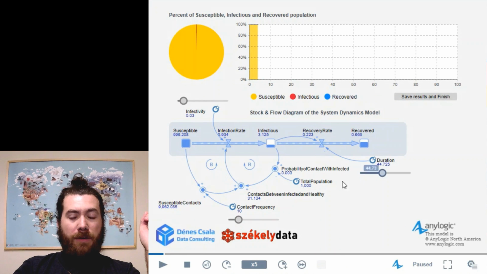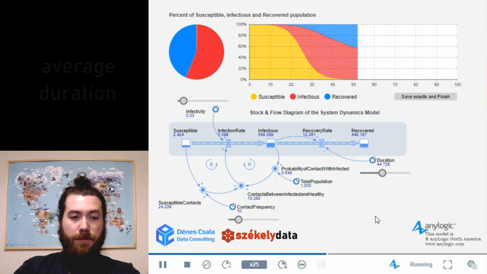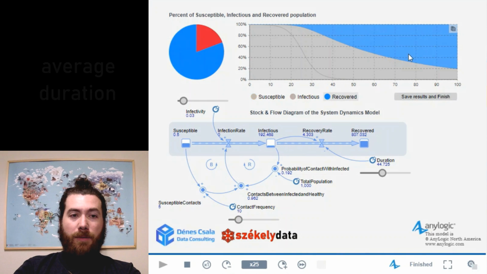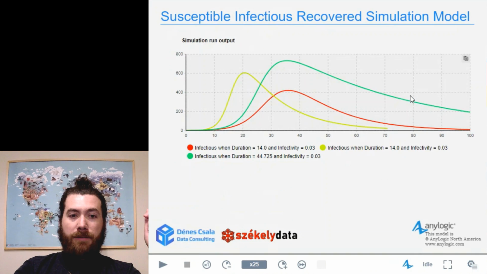So let's say if of course the duration of the disease is longer, then what will happen is that more and more people will get infected, and they haven't had the chance to recover yet.